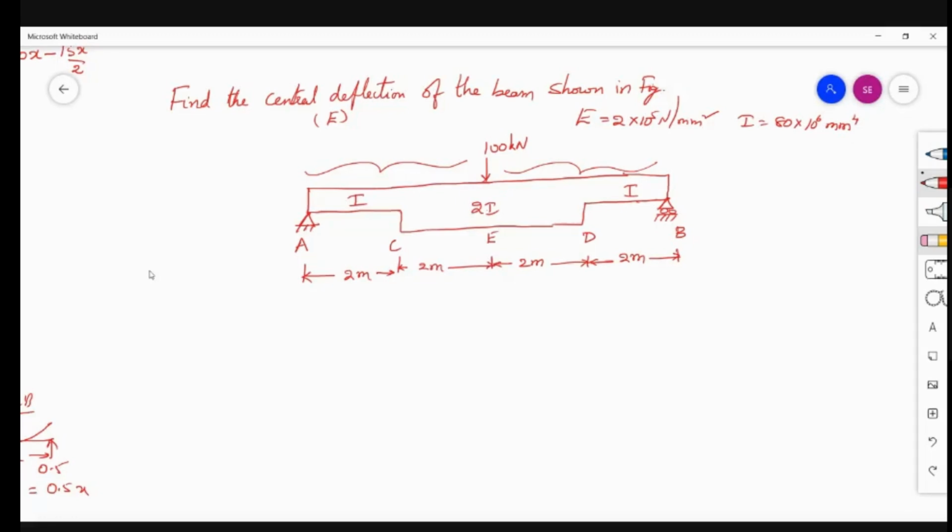So the portions will now be 4: AC, CE, ED, and DB. 4 portions you will get. This is one problem. Please practice this.